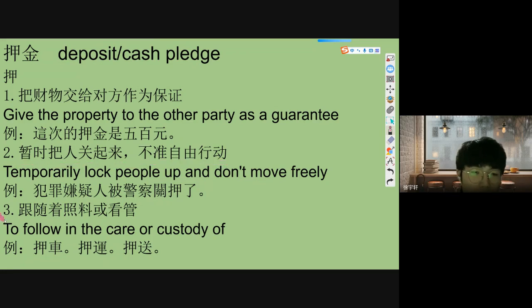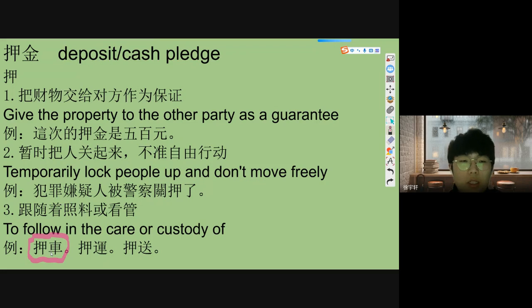The third meaning is to follow in the care or custody of, 跟随着照料或者看管。For example, 押车 here means if we say some person is 押车, he needs to follow this car and make sure this car will arrive at its destination safely.